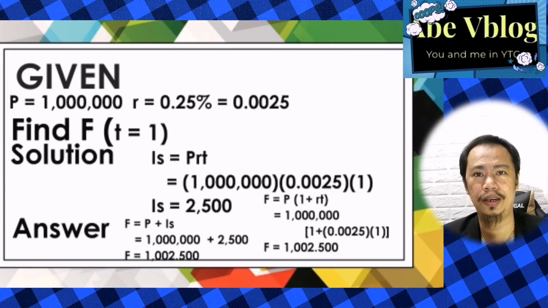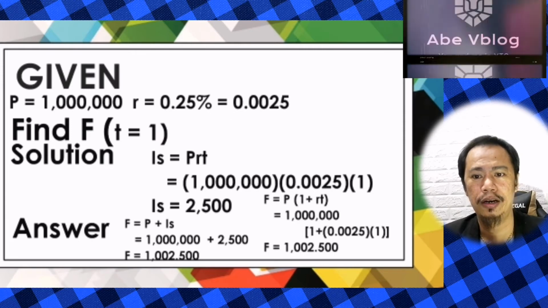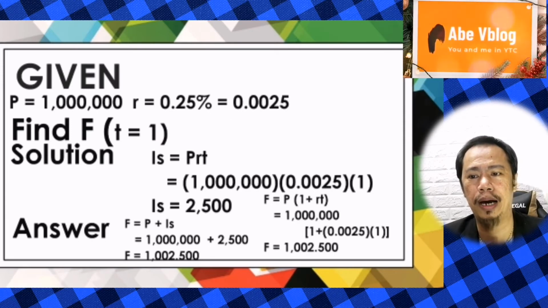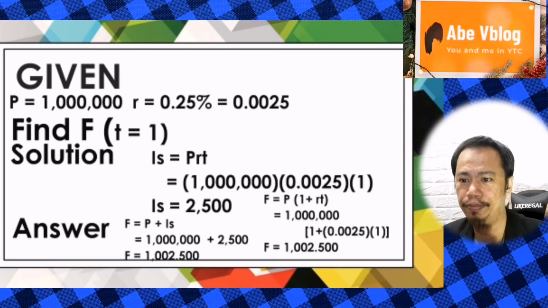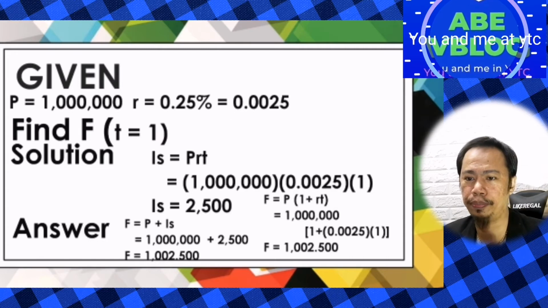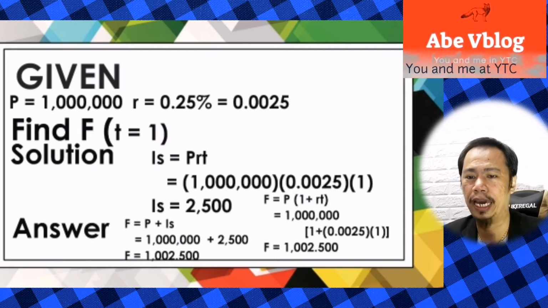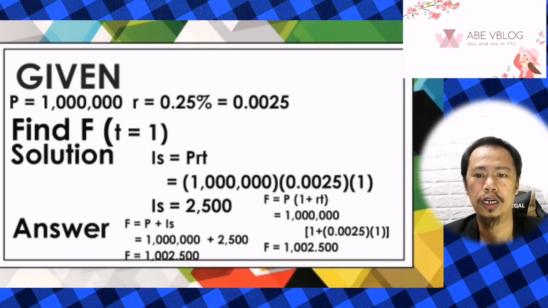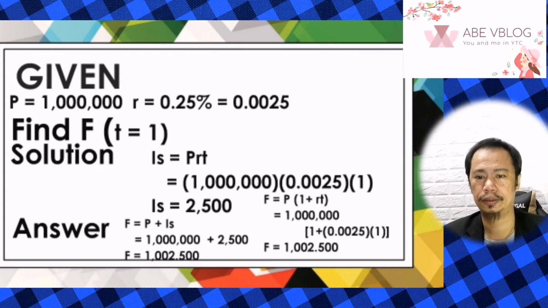So, we substitute the given values into the IS formula, the PRT. P is the 1 million multiplied by 0.0025, the interest rate, and T is the time or the term. After multiplying the three, we got 2,500 for the simple interest.